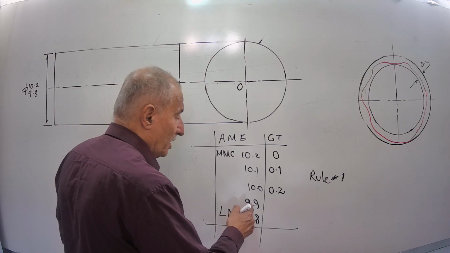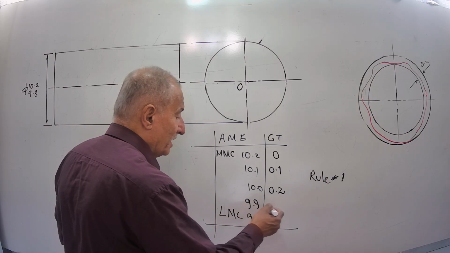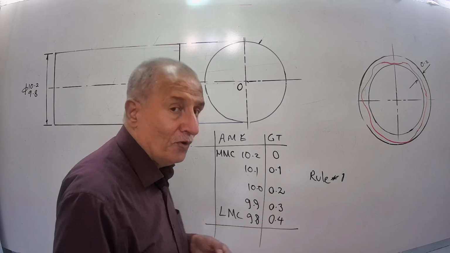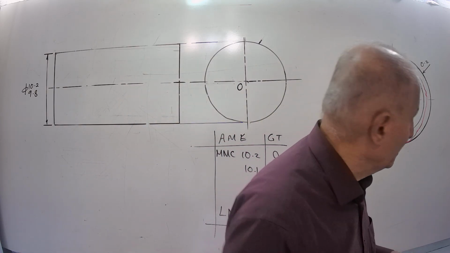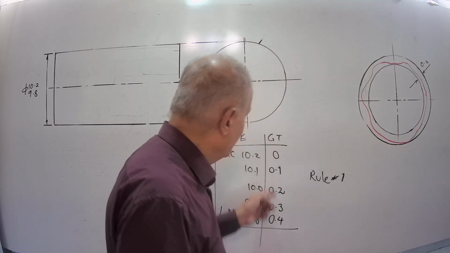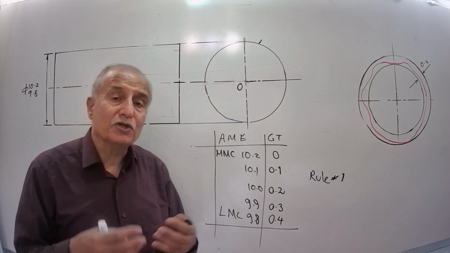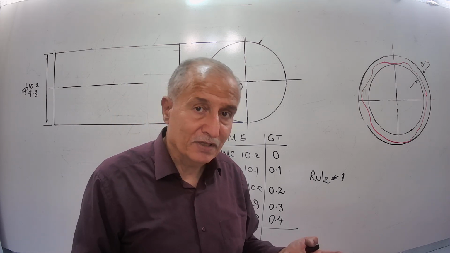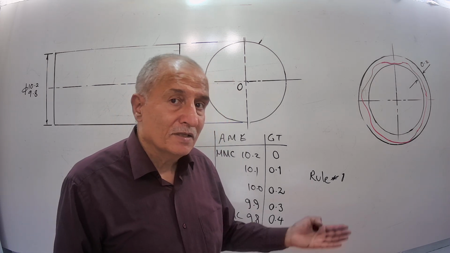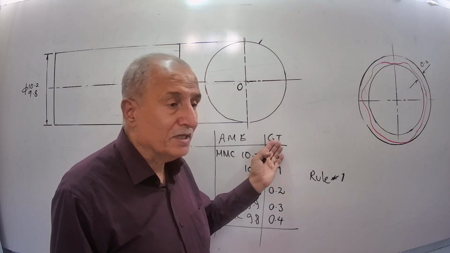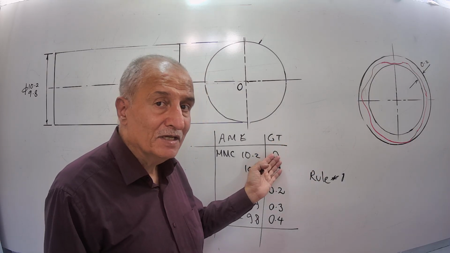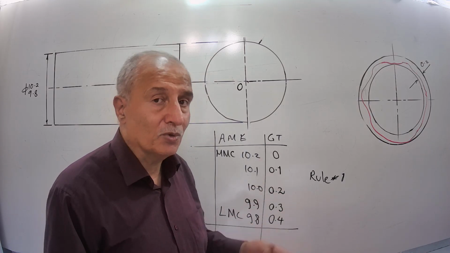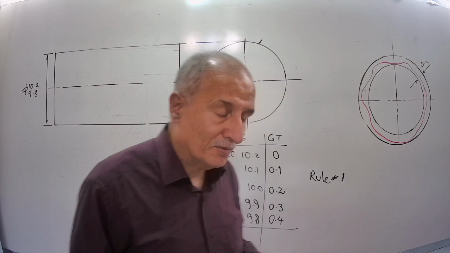And if it is 9.9, then it's 0.3, and 9.8 is 0.4 space for error. Then rule number 1 indirectly controls the geometric tolerance of circularity within the size limit of the part when rule number 1 is applied to it.